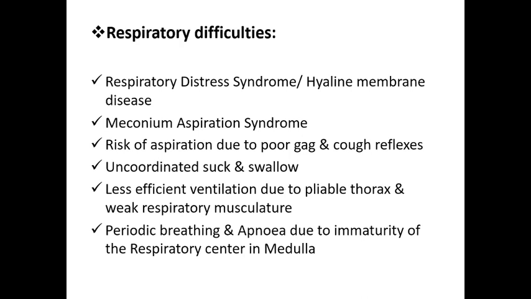So this can result in transient loss of respiration, which is called periodic breathing or sleep apnea. There will be cessation of respiration at times. This is what we call apnea. That's due to immaturity of the respiratory center in the brain.